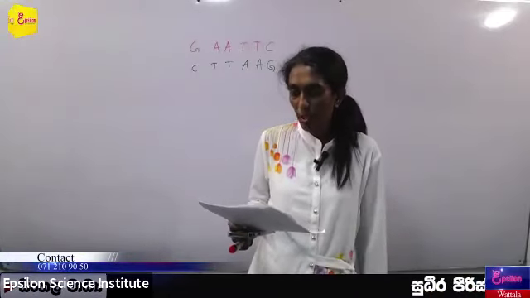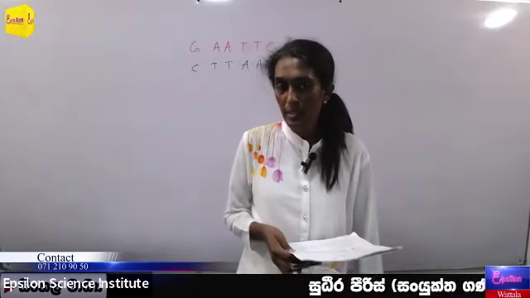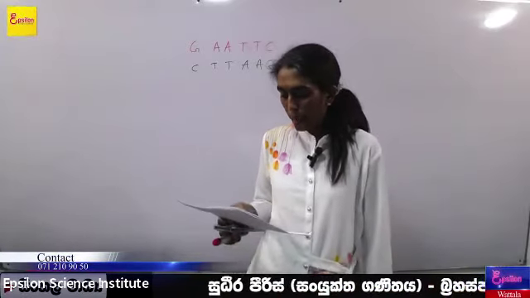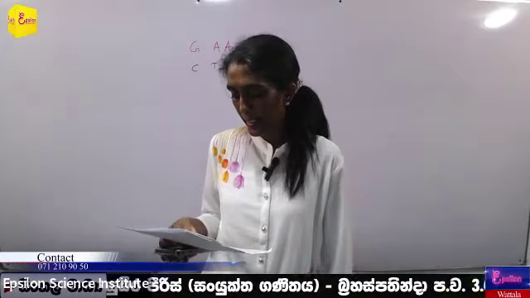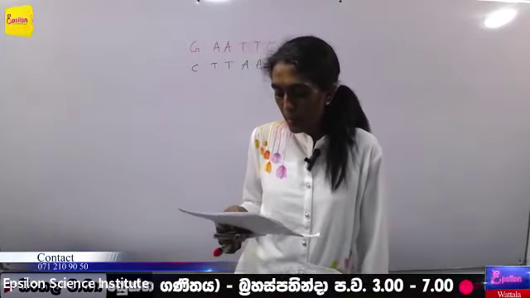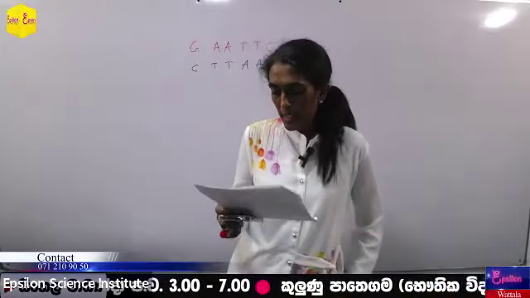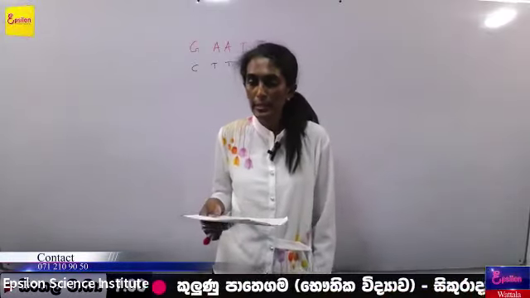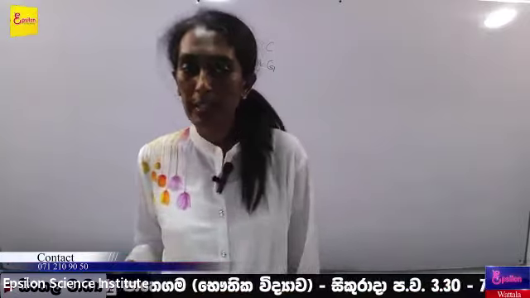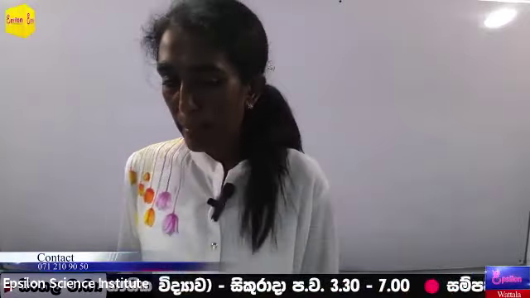Number 3, deoxyribose sugar. You can't just write sugar or pentose sugar. Next one, phosphate group. Fifth one, deoxyribonucleotide. Just nucleotide won't get marks.